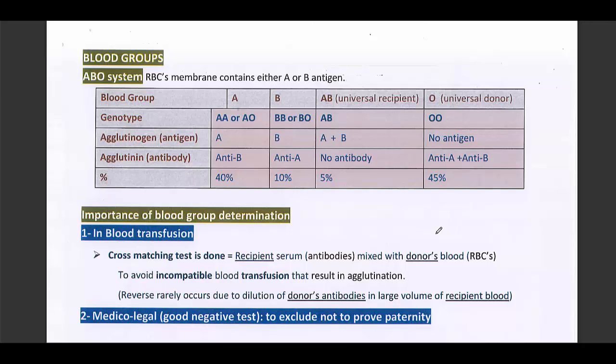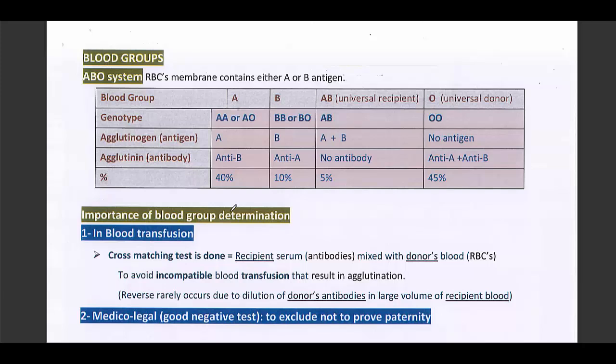Now let's move to a simple subject: blood groups. The blood, as we know, is classified into 4 main blood groups: A, B, AB and O. Simply the ABO system.